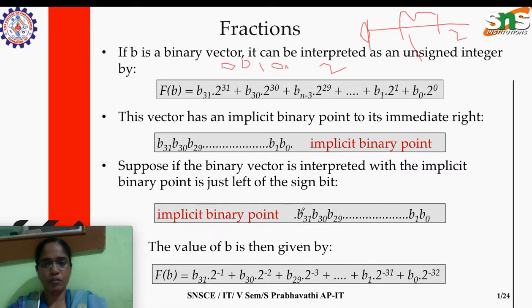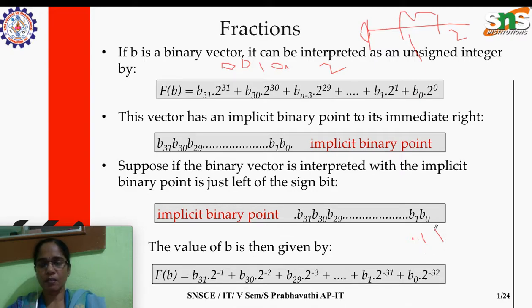So it is understood that if the decimal point is on the left, its decimal representation will be like this. For example, take .11. This is a fraction number, since the decimal point is to the left of this number.